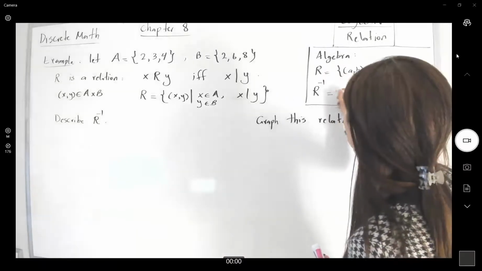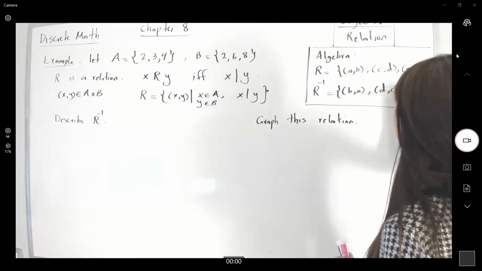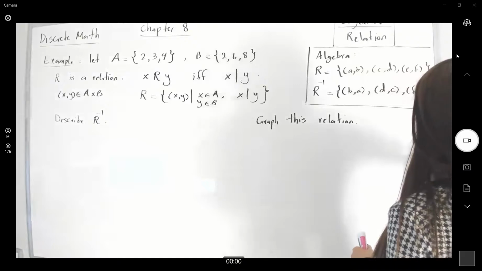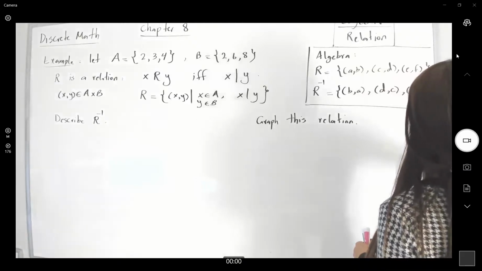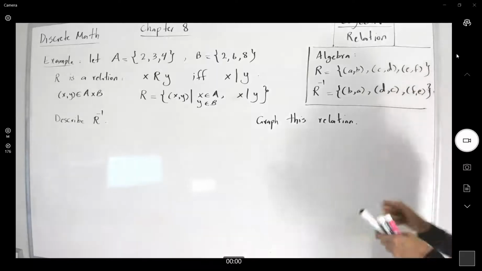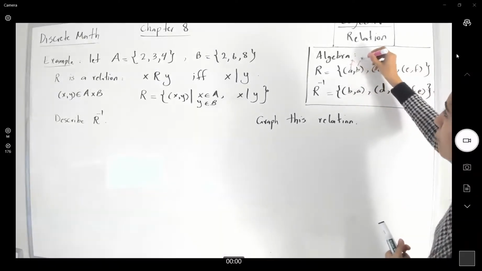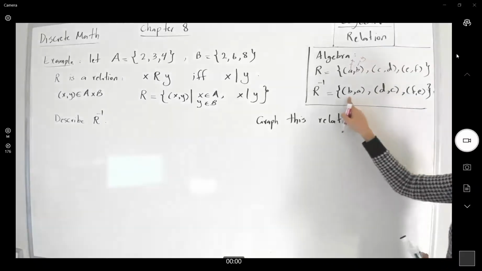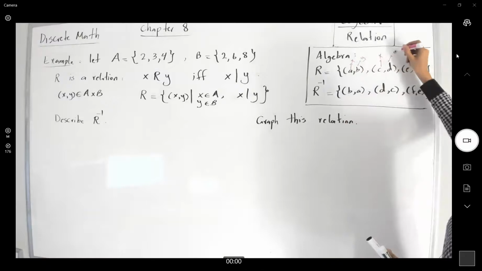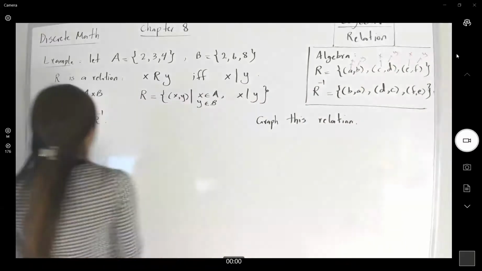So it's going to be equal to BA, DC, FE. That's how we define the inverse of a relation by switching X and Y's. In AB, A is your X, B is your Y. Now B is your X, Y is A, and you continue this process. You're flipping X and Y's.